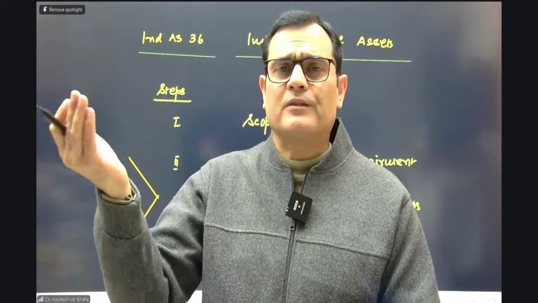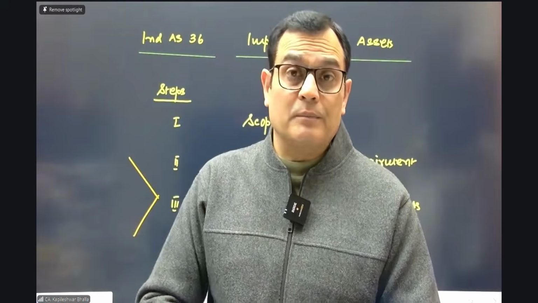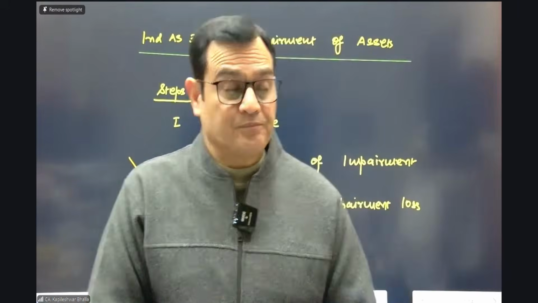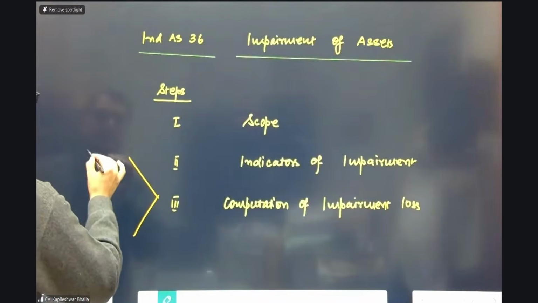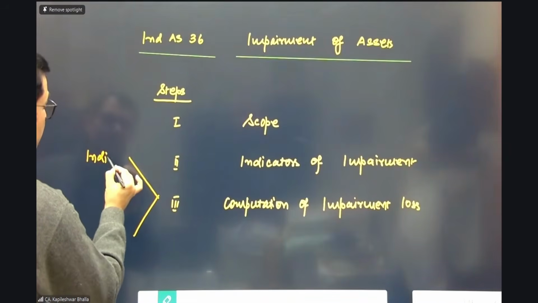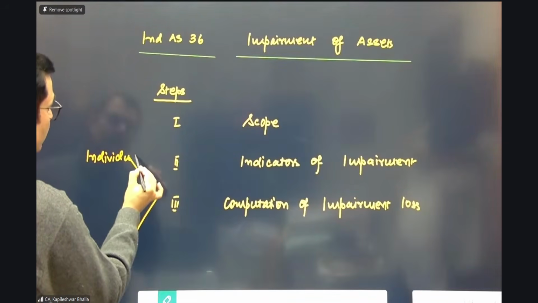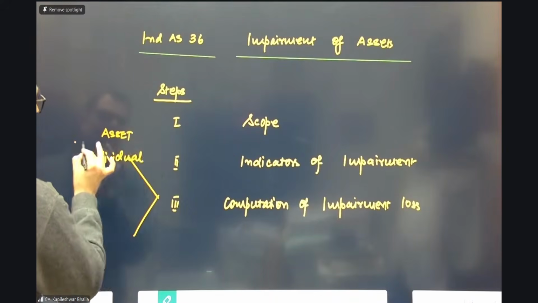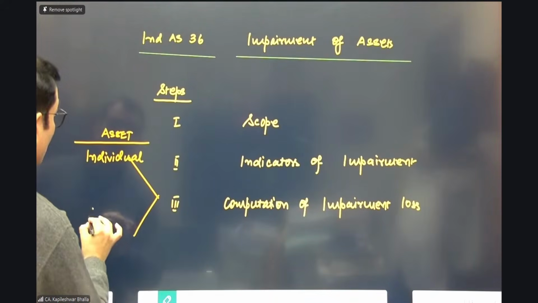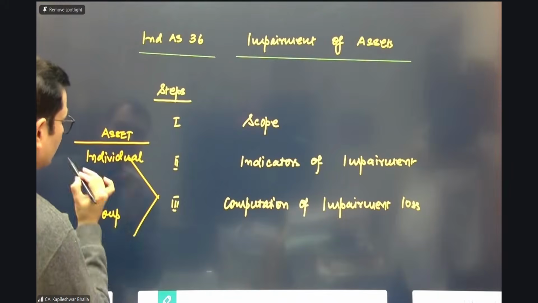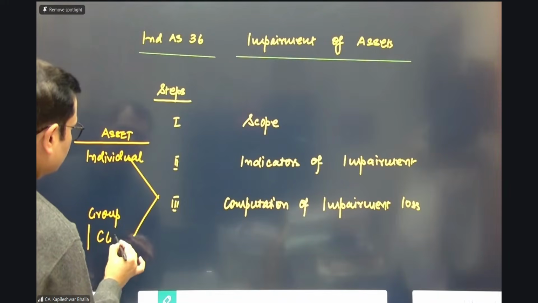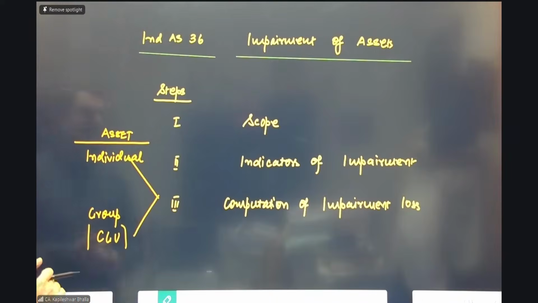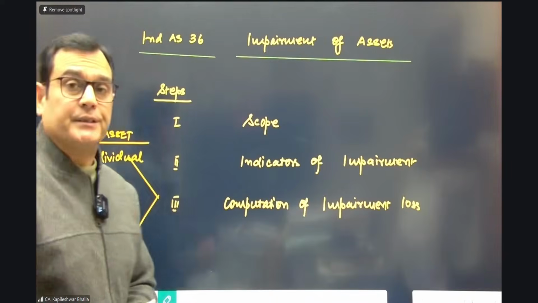When I say group of assets, it could of course mean with or without liabilities. That is called a CGU. So the first thing we need to consider is whether the impairment is to be conducted for an individual asset, or for a group of assets, which is technically called a CGU, that is, a cash generating unit.